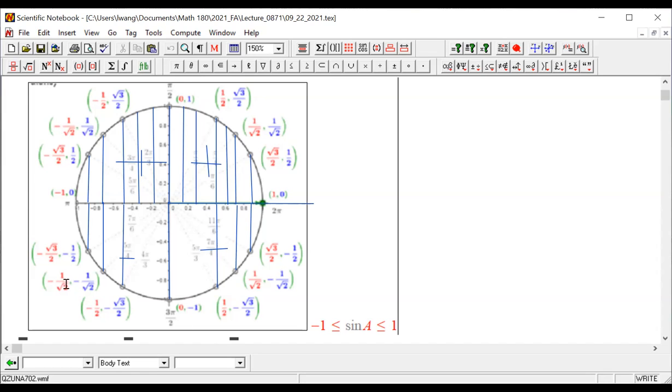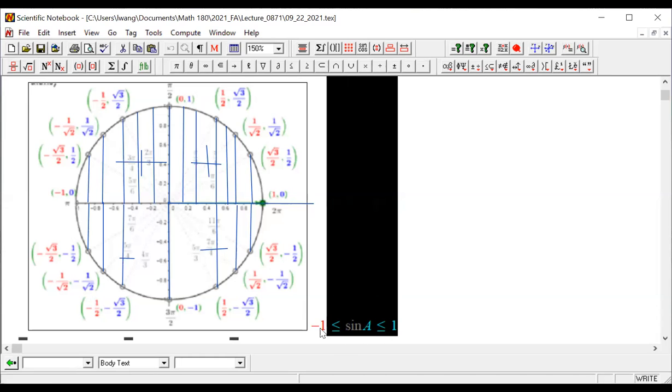And all of these blue numbers, they're between what? Between -1 and +1. And there are many numbers in between them. That's what this is saying. The output of sine is between -1 and +1. Have I made myself clear? Any questions?